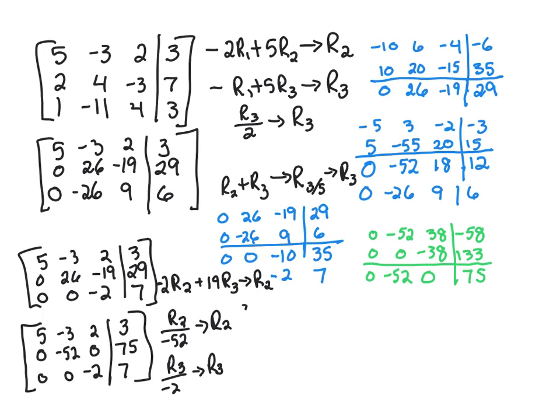So my new matrix, 5, negative 3, 2, augmented with 3, 0, 1, 0, 0, 0, 1. Row 2, I get minus 75 over 52. Row 3, I get negative 7 halves.